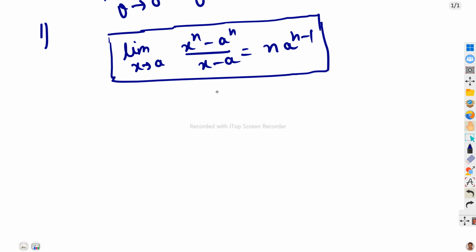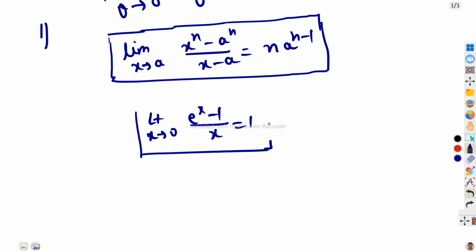We have another formula: limit x tends to 0 of (e raised to power x minus 1) upon x equals 1. This is also an important formula of limit.